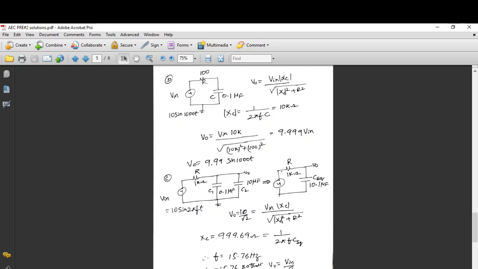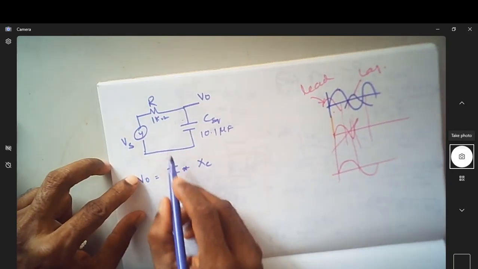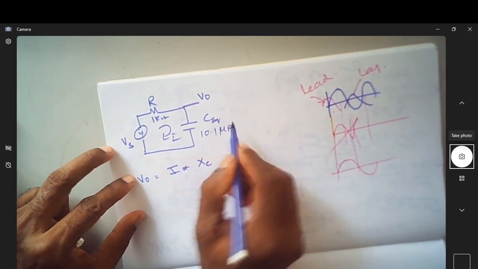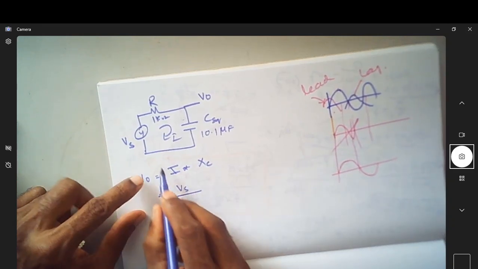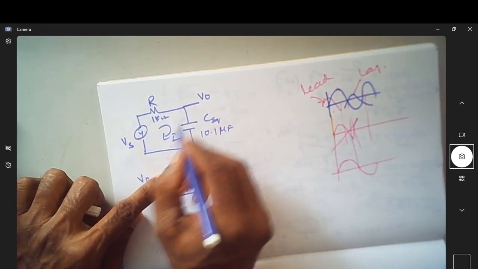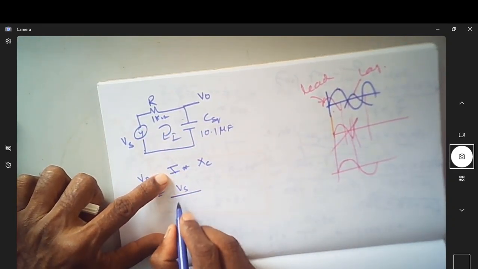Now let me represent this by the reactance. So now V0 is equal to the current multiplied by the reactance offered by this. The current, we know that it is Vs divided by the overall impedance.